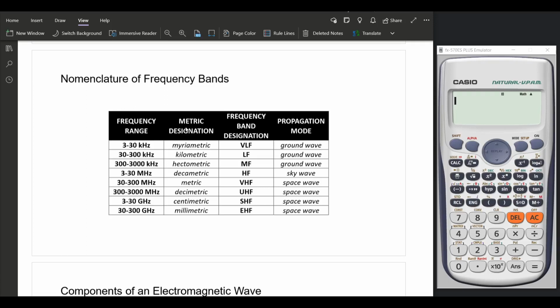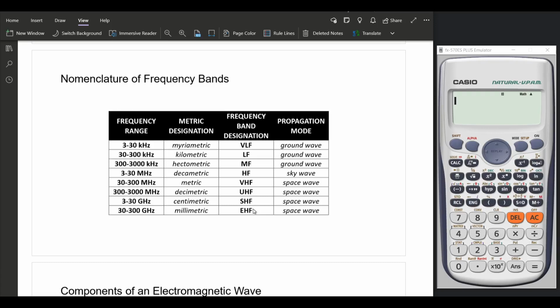Okay, so if you will compute the wavelength, nasa myriameter, kilometer, hectometer, decameter, meter, decimeter, centimeter, and millimeter yung range ng wavelengths. In terms of frequency, ito yung designation. No, yung very low frequency, yung low frequency, yung medium frequency, and so on.